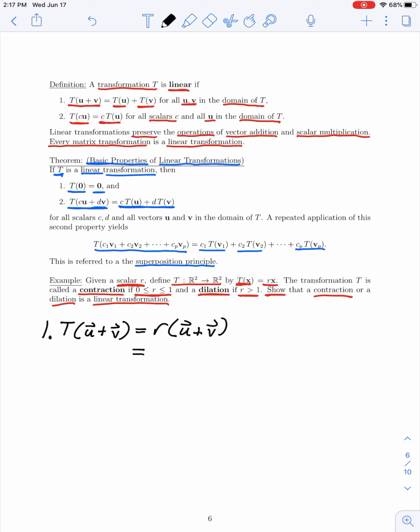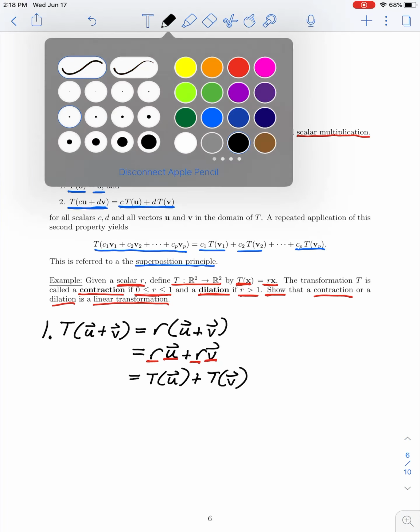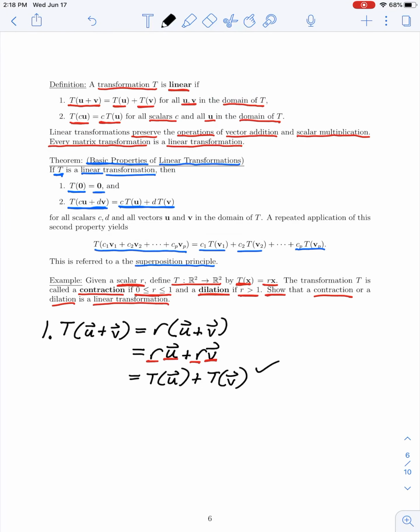Now, properties of scalar multiplication and vector addition say that this is equivalent to taking r times u plus r times v, but this is exactly the transformation of the vector u plus the transformation of the vector v, since our transformation was to just take the vector u or v and multiply by the constant r. So it satisfies the first condition for linearity.